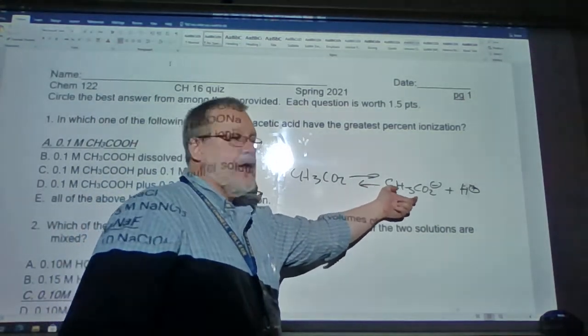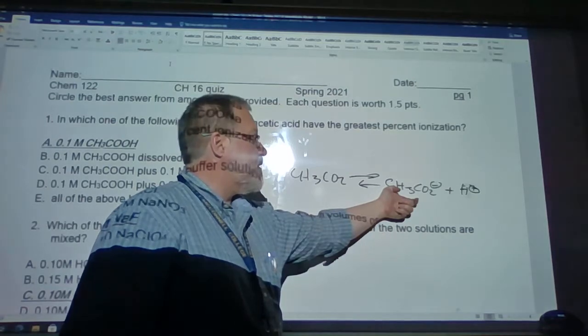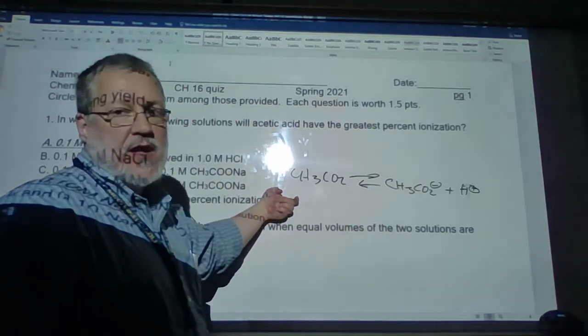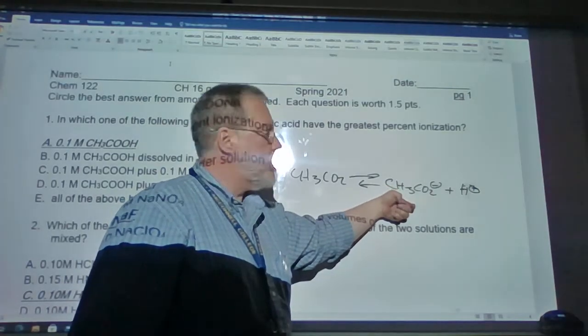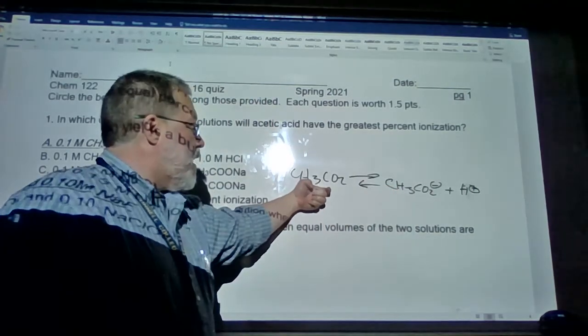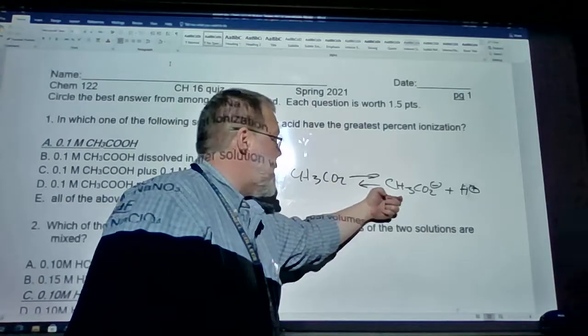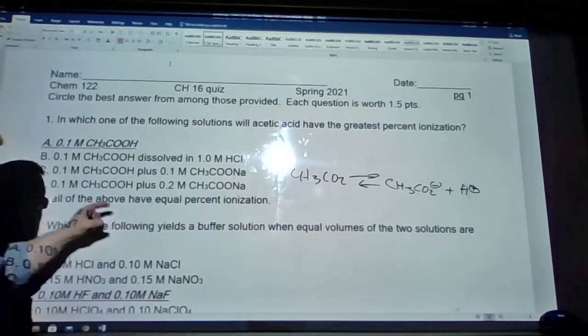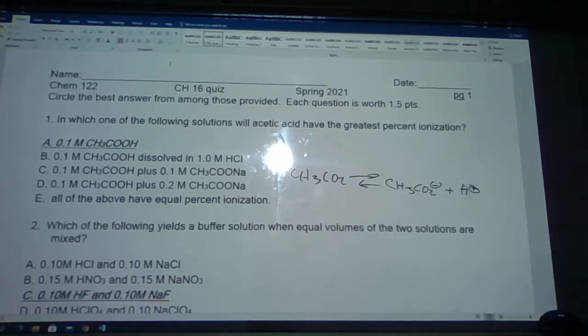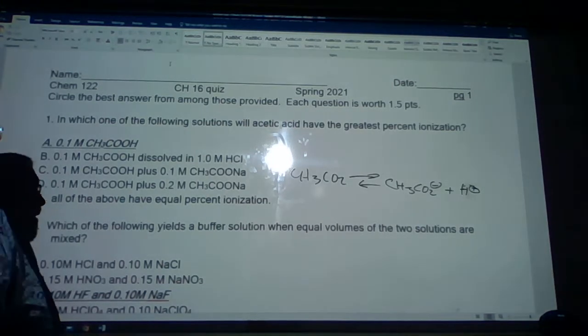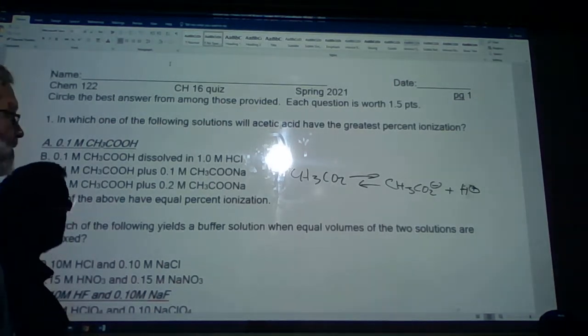If you add sodium acetate, the equilibrium shifts back to the left to decrease the concentration of your acetate anion. Therefore, the ionization in these two situations where you have the acetate anion is greatly reduced. It's the common ion effect.